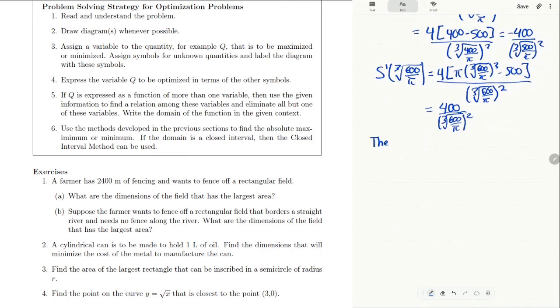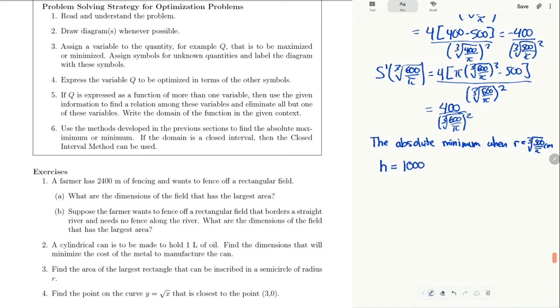And so the absolute minimum occurs when the radius is the cube root of 500 over pi centimeters. Now we can also determine the height of the can from the volume equation.